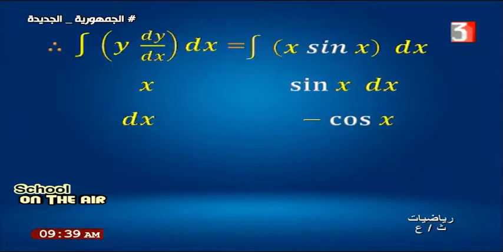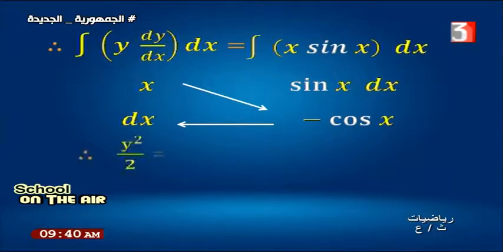The differential of x is dx, and the integration of sine x dx equals negative cosine x. Then x multiplied by negative cosine x minus the integration of negative cosine x dx is the integration of x sine x dx.